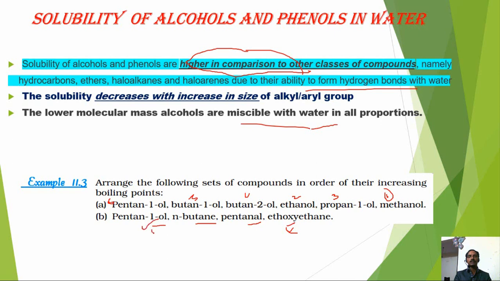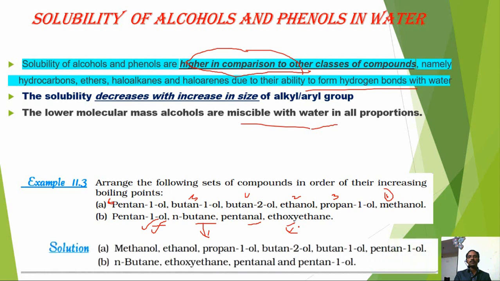Obviously alcohol will be the highest, butane will be the least. Then ethoxyethane and pentanol in between. N-butane is the least, alcohol the highest, then in between pentanol and ethoxyethane. Obviously pentanol is more because the number of carbons is more.